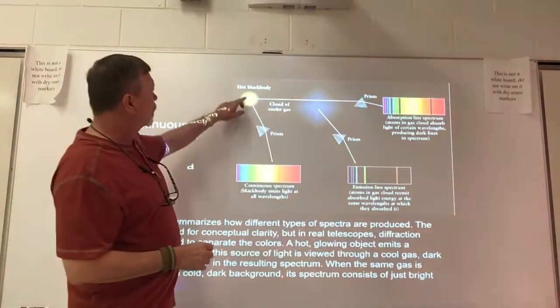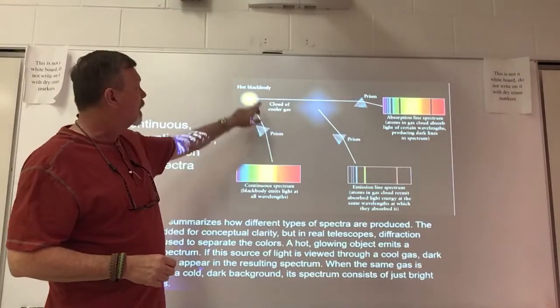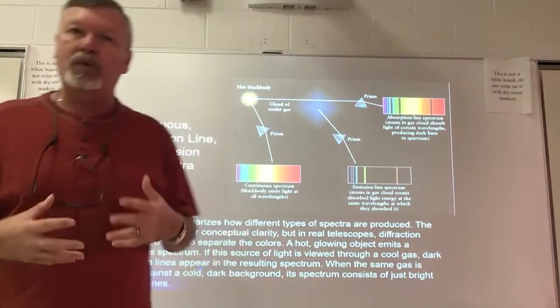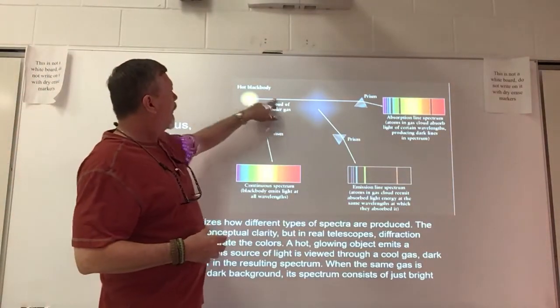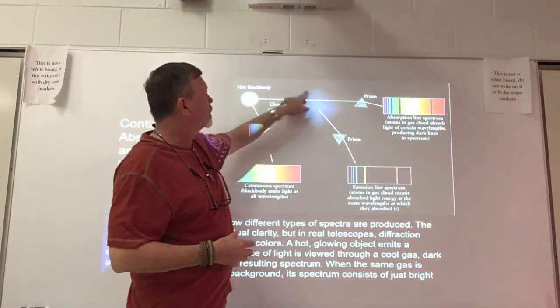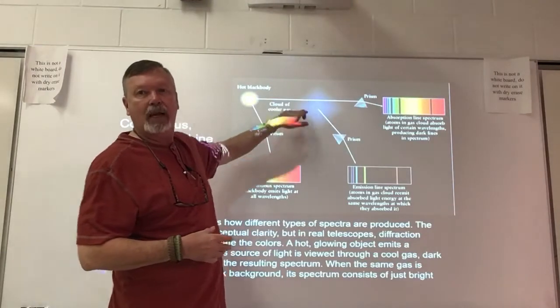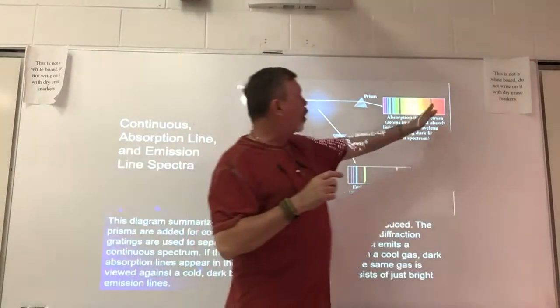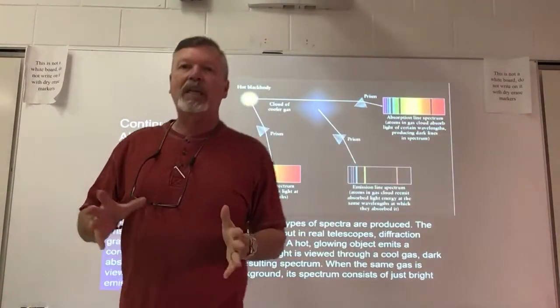Now there is a difference between this path of light and this path of light. You can see it. You won't say it, but you can see it. This path of light is passing through this cloud of gas right here. And it's this cloud of gas that is absorbing those frequencies of light.